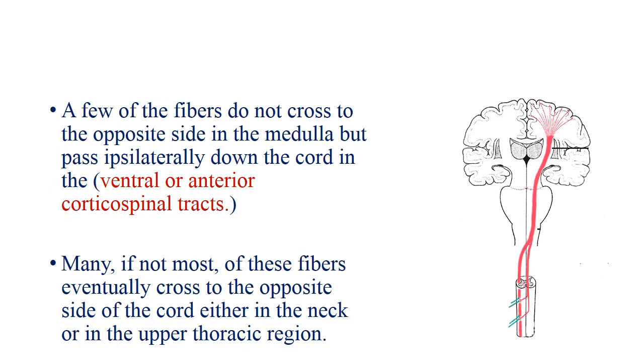But a few of the fibers do not cross to the opposite side in the medulla, but pass ipsilaterally and continue as what's called the ventral or anterior corticospinal tract. Many, if not most, of these fibers eventually cross to the opposite side of the cord, either in the neck or in the upper thoracic regions, which are different levels of the upper part of the spinal cord.